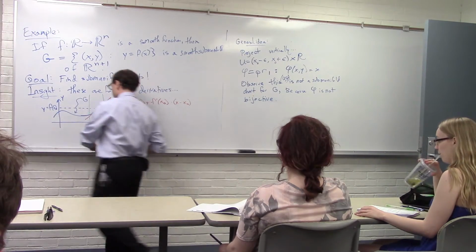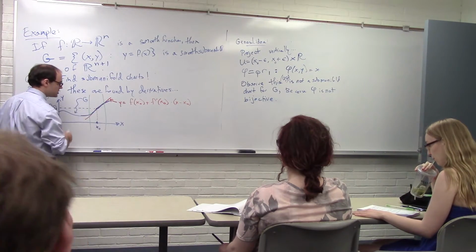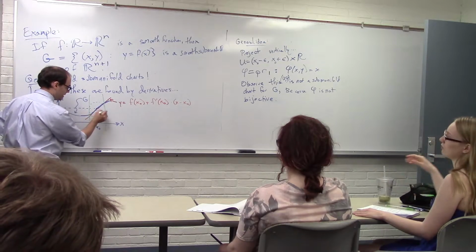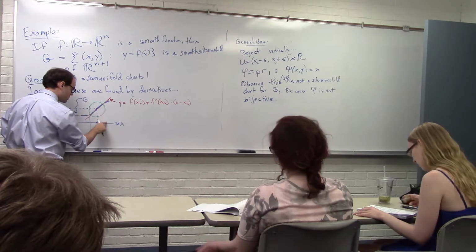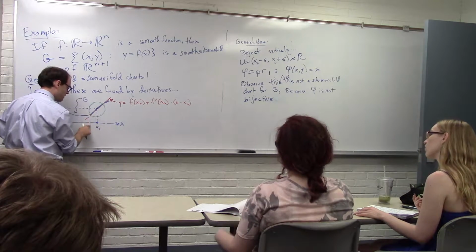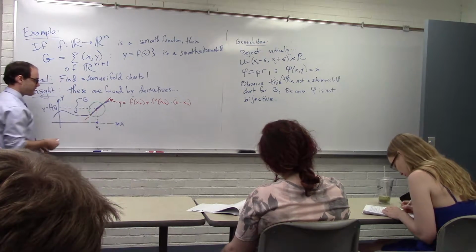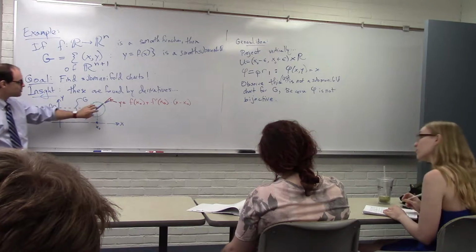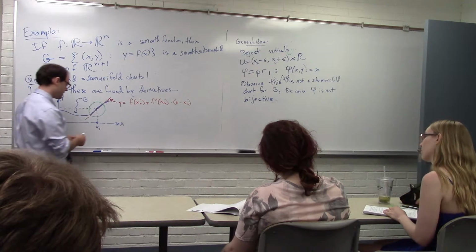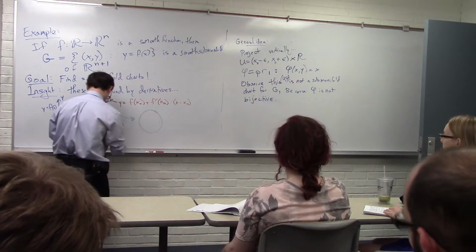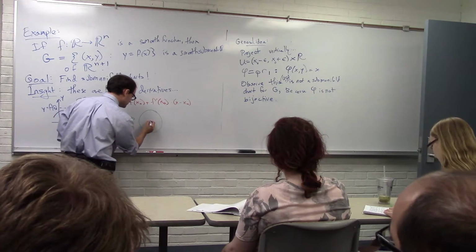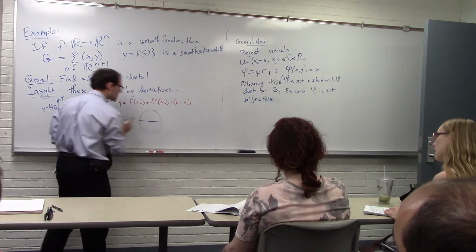Right, so what we need to do is something a little different. We need all of the points in the vicinity of the graph in the plane to map to something that's going to look a bit like this. That's the goal. It's going to look like that.